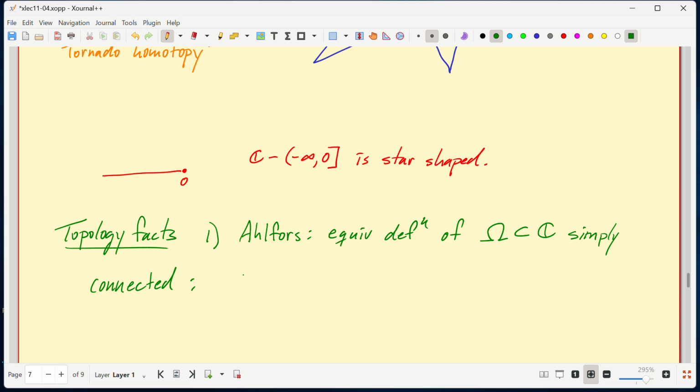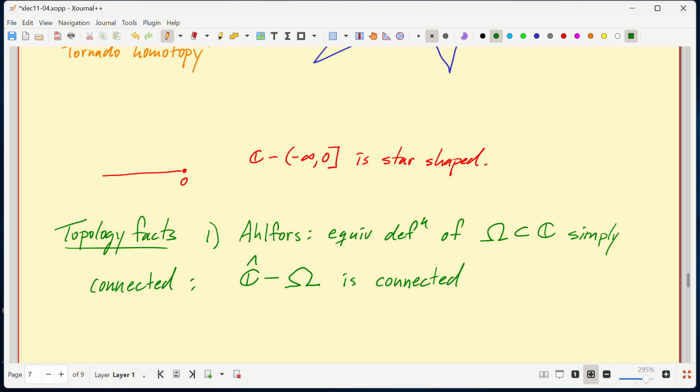It is that you take the extended complex plane and subtract omega, and you get something that's connected. No holes, it's one piece.